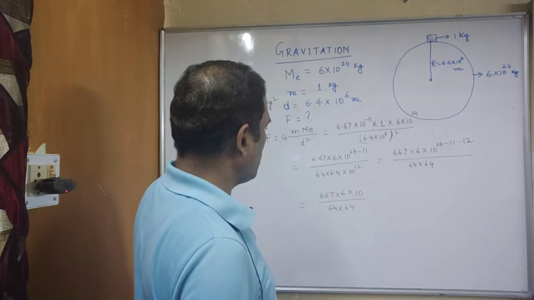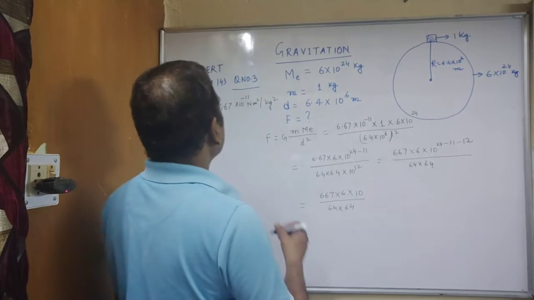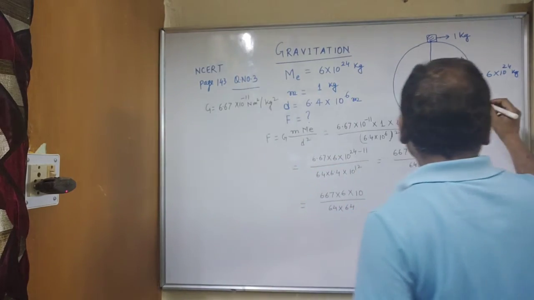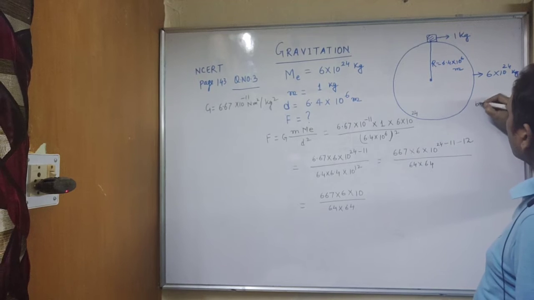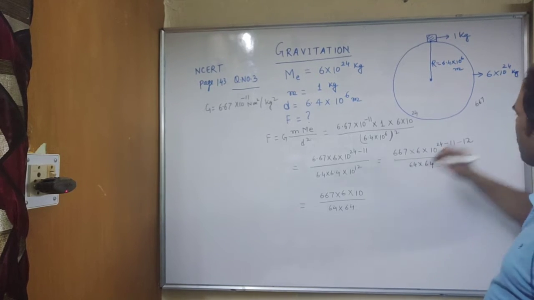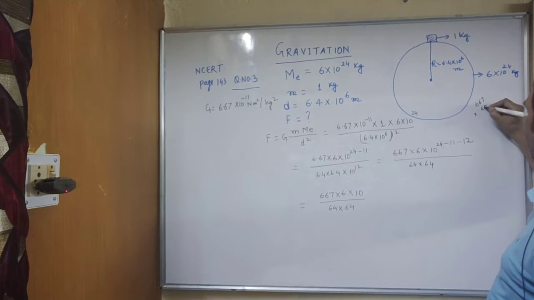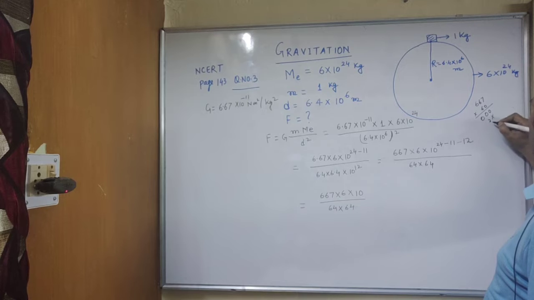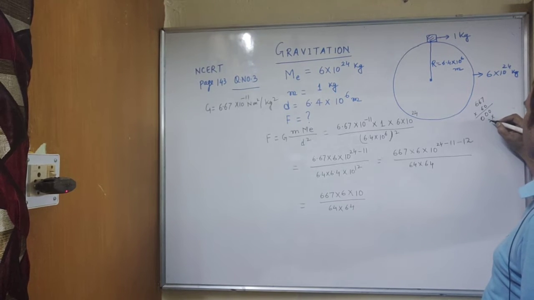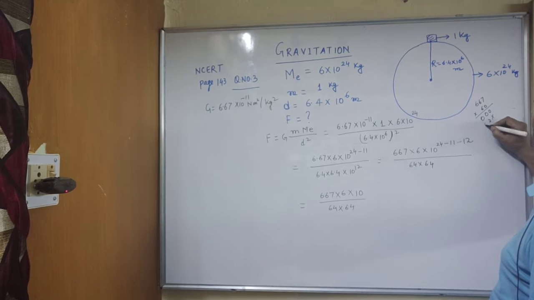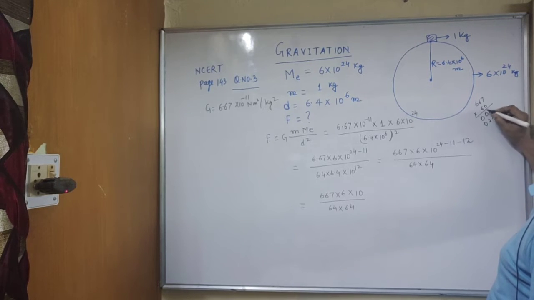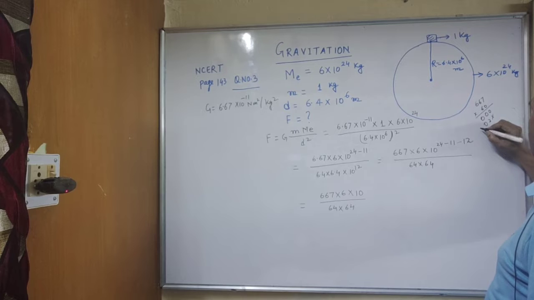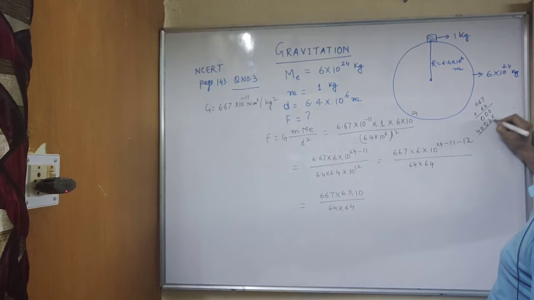So if you simplify, 667 into 60. So it will be 0, 0, 0. 7 6s are 42, 6 6s are 36, and 4 40. 6 6s are 36, and 4 40.